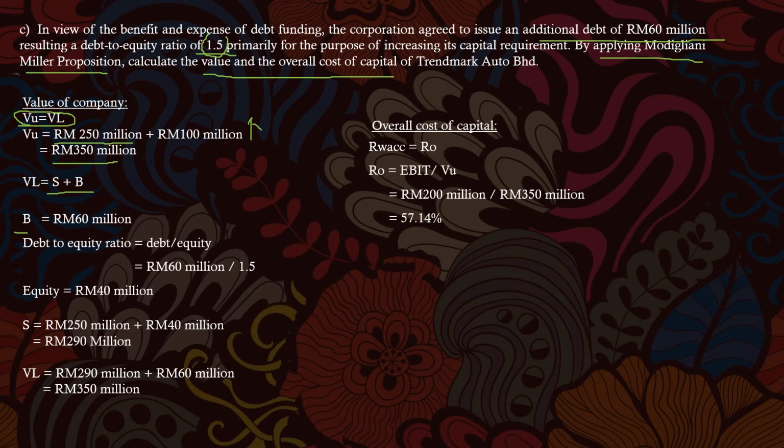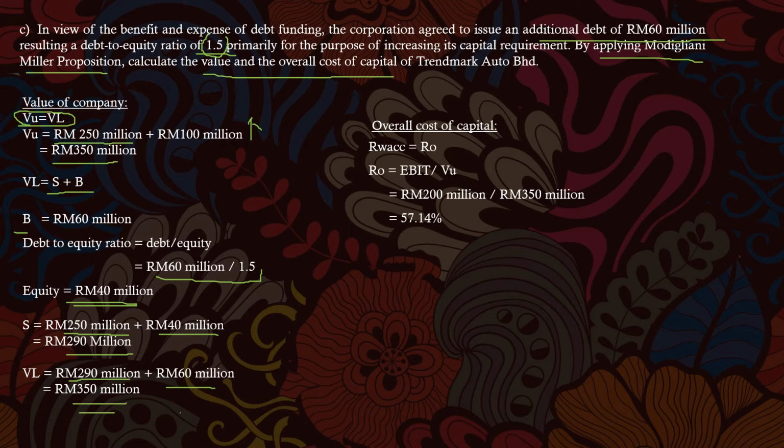So to calculate how much the additional equity is, 60 million divided by 1.5, you will get 40 million. So the total amount of equity, 250 million plus 40 million, you will get 290 million ringgit. Value of leverage is 290 million plus 60 million, then you will get 350 million.